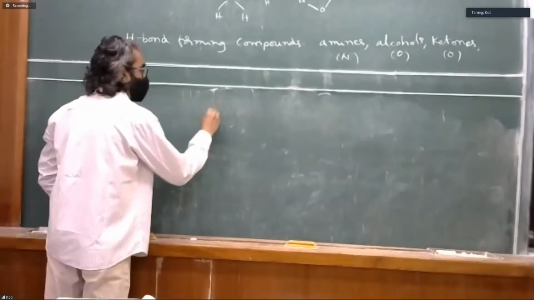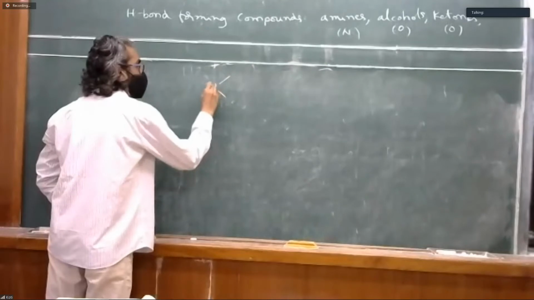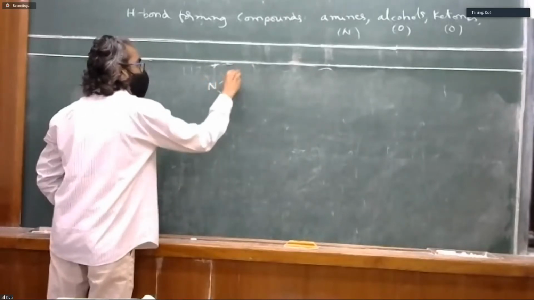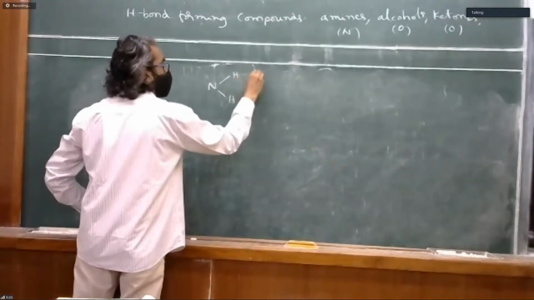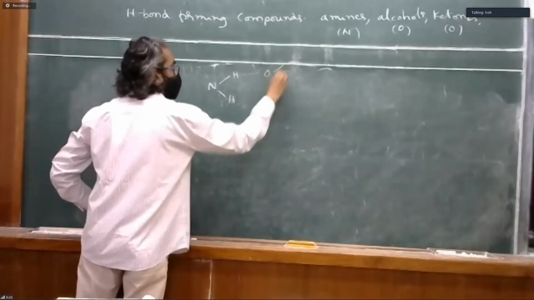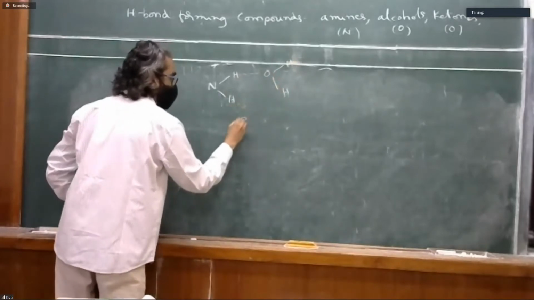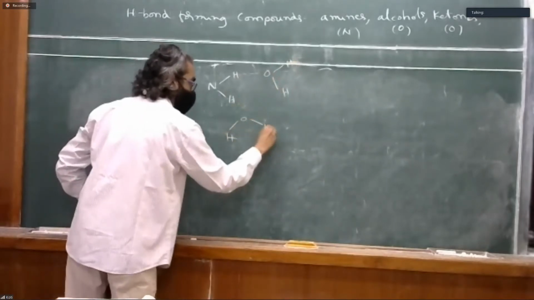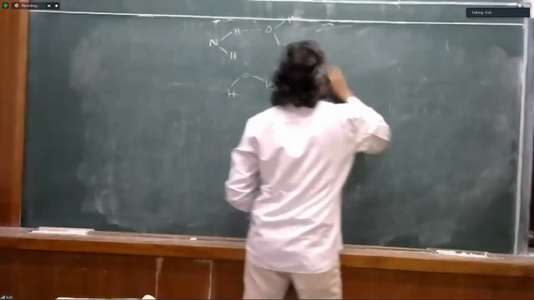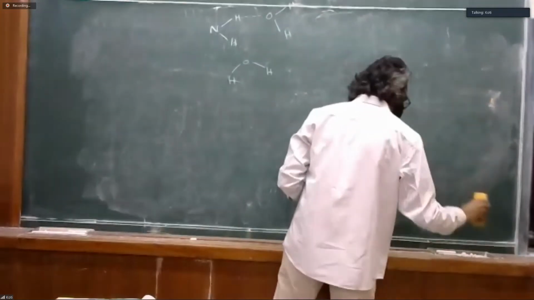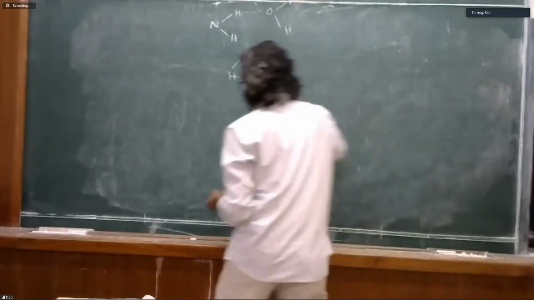Let's see if it is an amine. Say you have amines; these hydrogens can be bonded to OH2. Similarly, ketones and aldehydes have oxygen groups which can form hydrogen bonds.